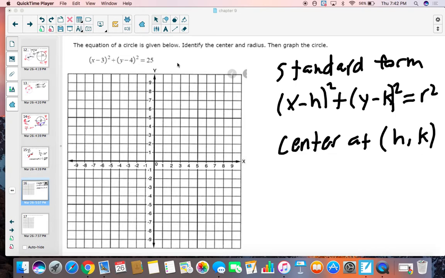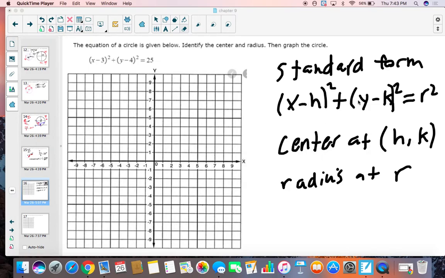And the radius of our circle is r. All right, well, if we look back at our standard form here, we have x minus h plus y minus k, and we want just h and k.